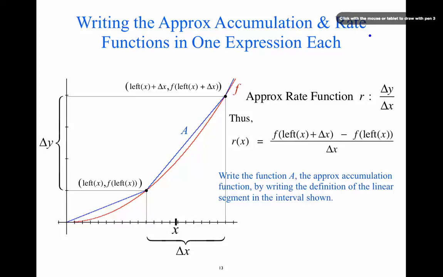What's the definition of the linear segment? We did it earlier in class. Who can do it? A of x equals what? How do we get y values on this segment?